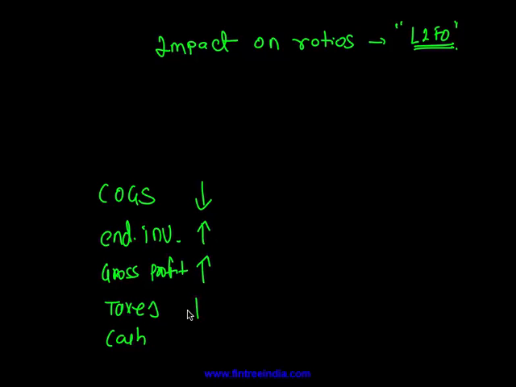Since profit is higher, taxes are higher. Taxes higher, cash is lower. And then we had current ratio. Current ratio would be higher because your inventory is higher, and inventory turnover would be lower because your COGS is lesser, your inventory is higher. Are we good?